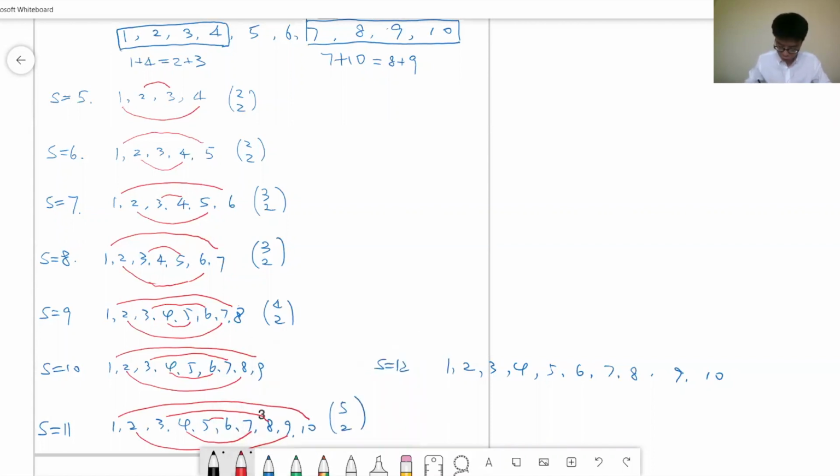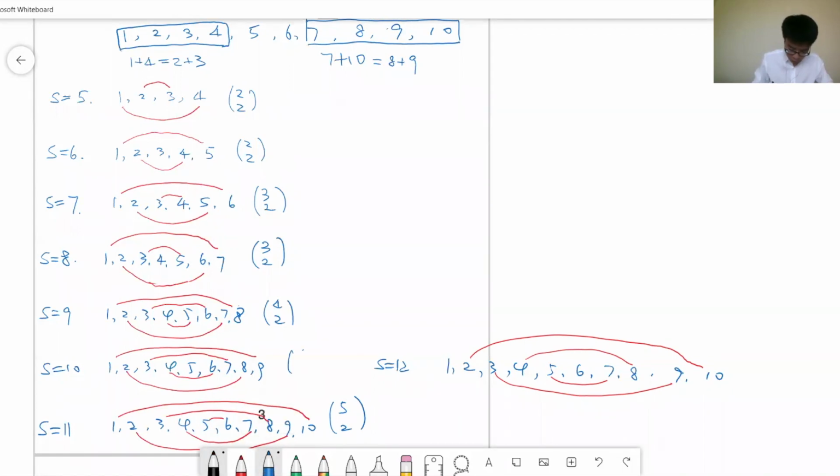So we can choose 2, 10, 3, 9, 4, 8, and 5, 6. So 2 plus 10, 3 plus 9, 4 plus 8, 5 plus 6, how many pairs? 4 pairs. So that's equivalent to s equal to 10. This is 4 choose 2, right? This is also 4 choose 2.